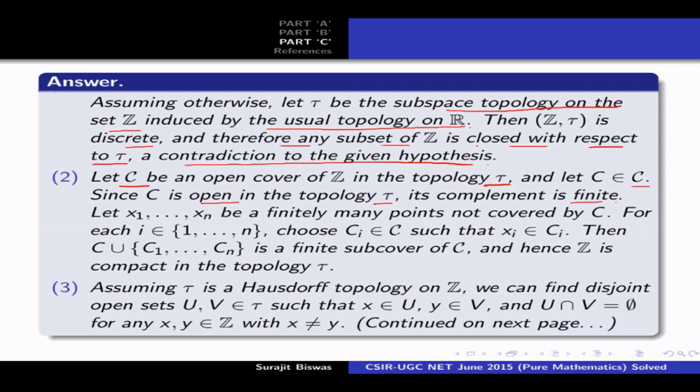Let x1, x2, ..., xn be the finitely many points not covered by c. For each i from 1 up to n, choose ci belonging to C such that xi belongs to ci. Then the collection {c, c1, c2, ..., cn} is a finite subcover of C, and hence Z is compact in the topology tau.